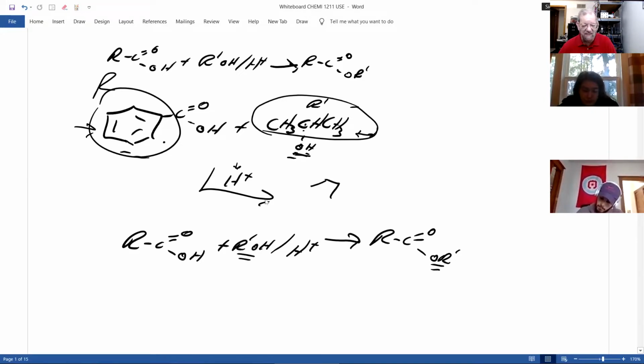So I have my benzene ring, carbonyl, carbon double bond oxygen, oxygen. What's my R group? Isopropyl. That's better looking. And that's the ester you make, isopropyl benzoate.